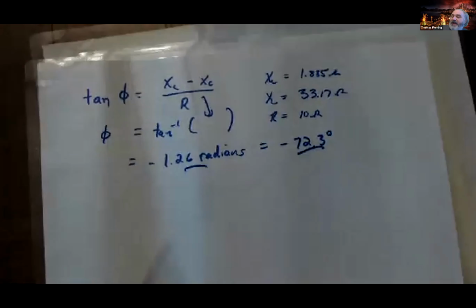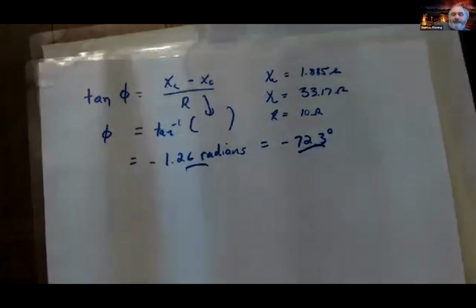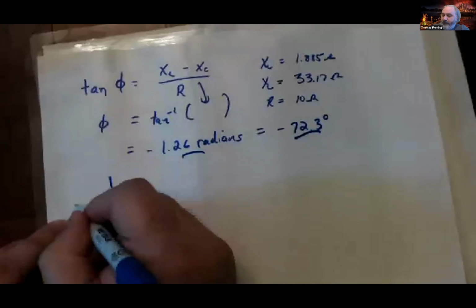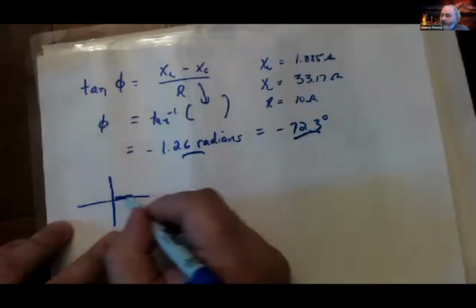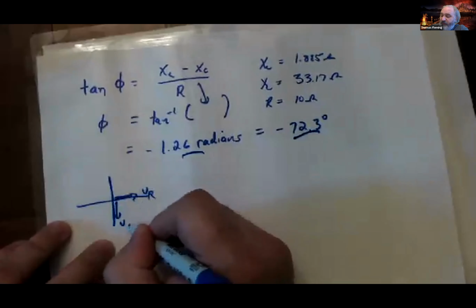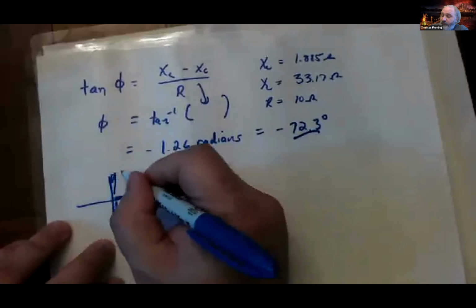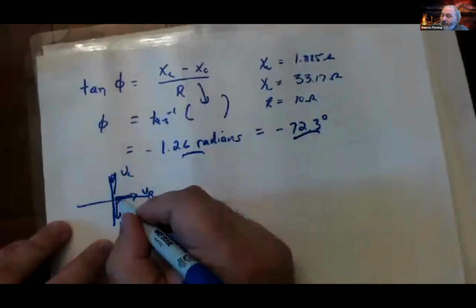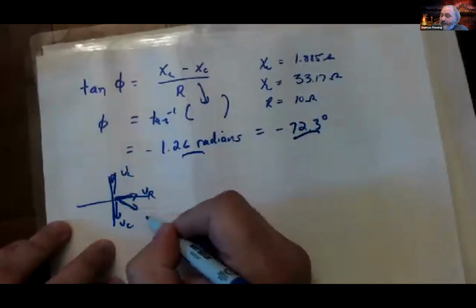Notice that I have a negative phase shift. So what that means is that in this case, because I have a negative phase shift, if you're looking at your phasor diagrams, right? Here's VR, here's VC, here's VL. My phase angle is down here like this.